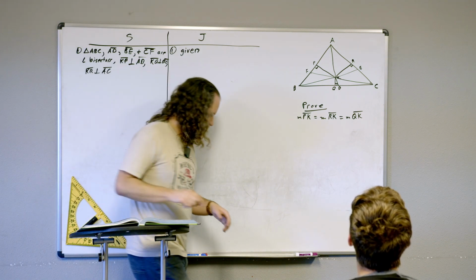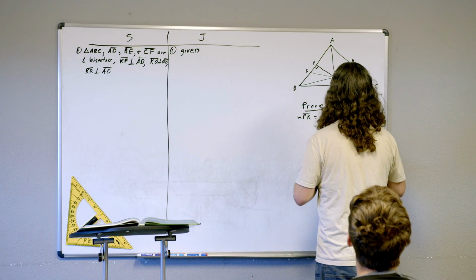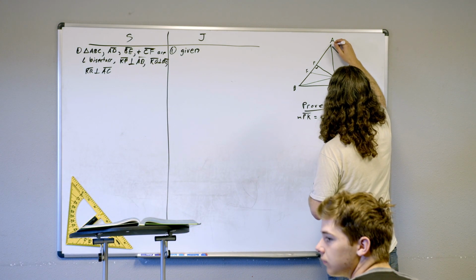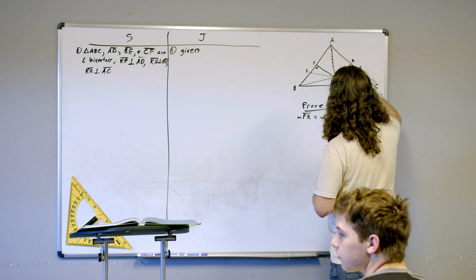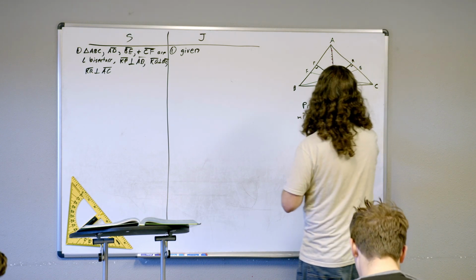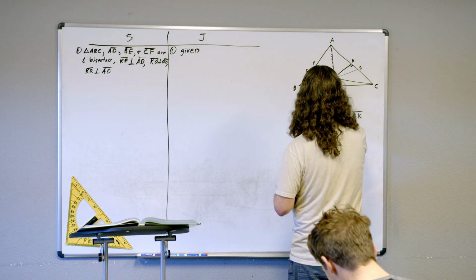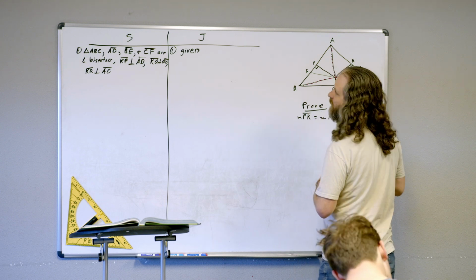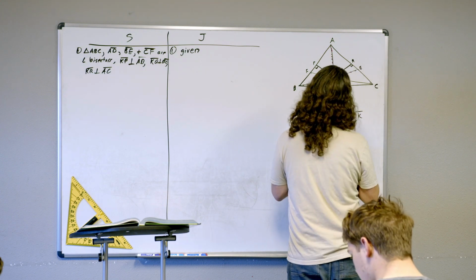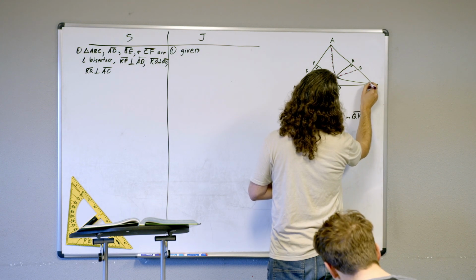Okay, let me label these in different colors. I clearly didn't draw it right, but we expected that, right? AD, BE, and CF. Yeah, okay, that's why some of these triangles are weird and skinny and different.